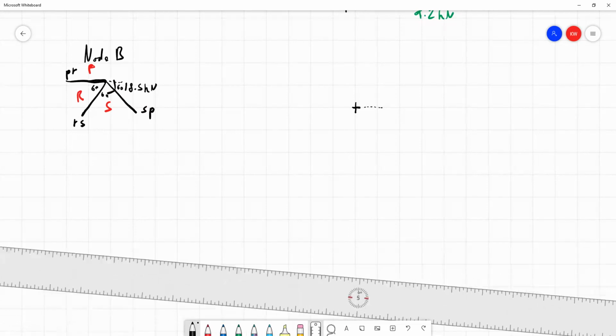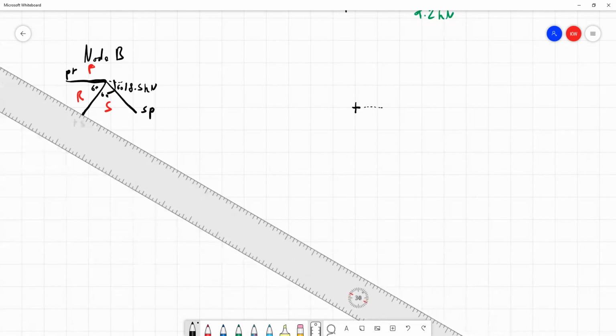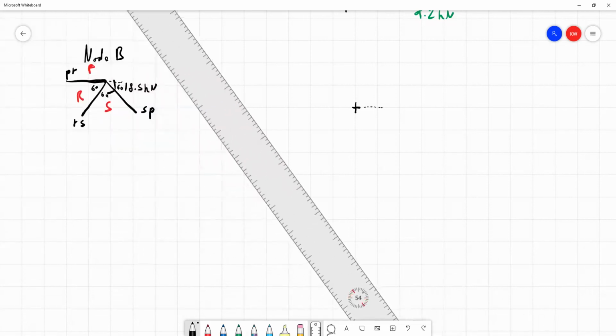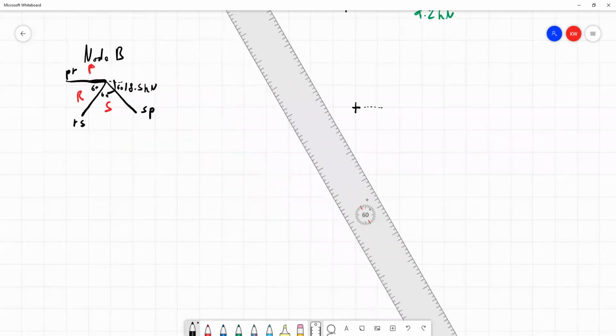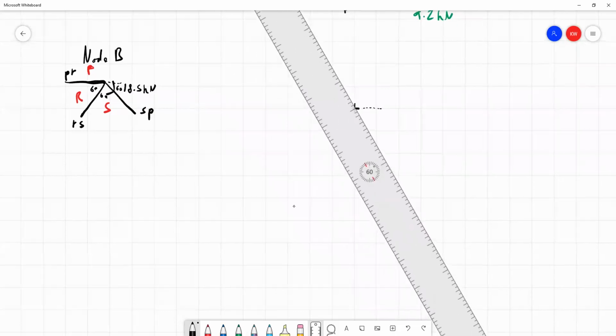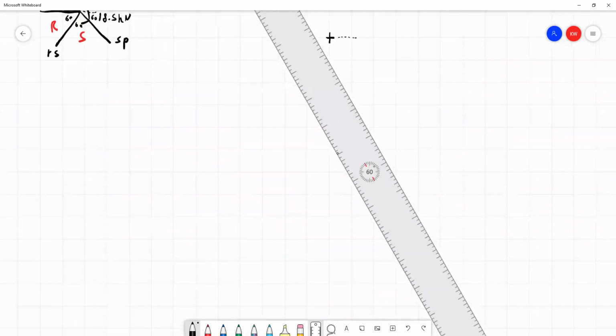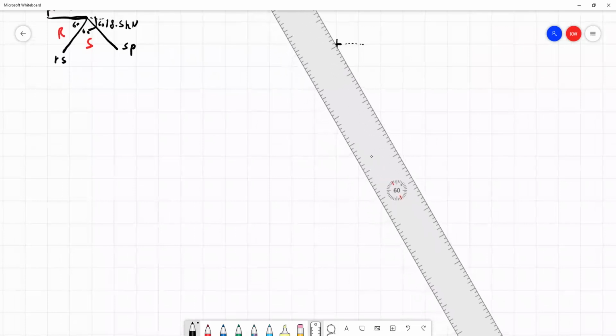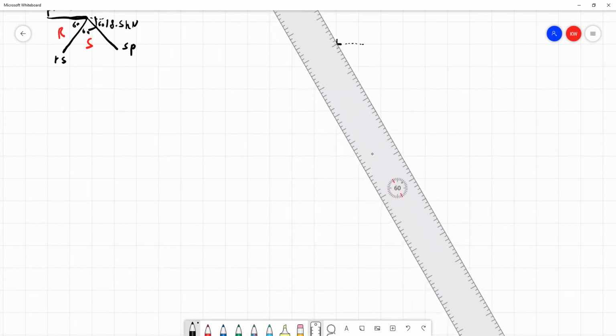Now again, this is something you'd be doing with your protractor. The whiteboard ruler is able to do this accurately for me. So I'm measuring it downwards an angle of 60. I'm lining up the start of the ruler with the crosshair, and I'm going to draw a line of 18.5 centimeters to represent that vector, the internal force from the member BC, because we know from what we've learned already that the internal forces act away from the node.